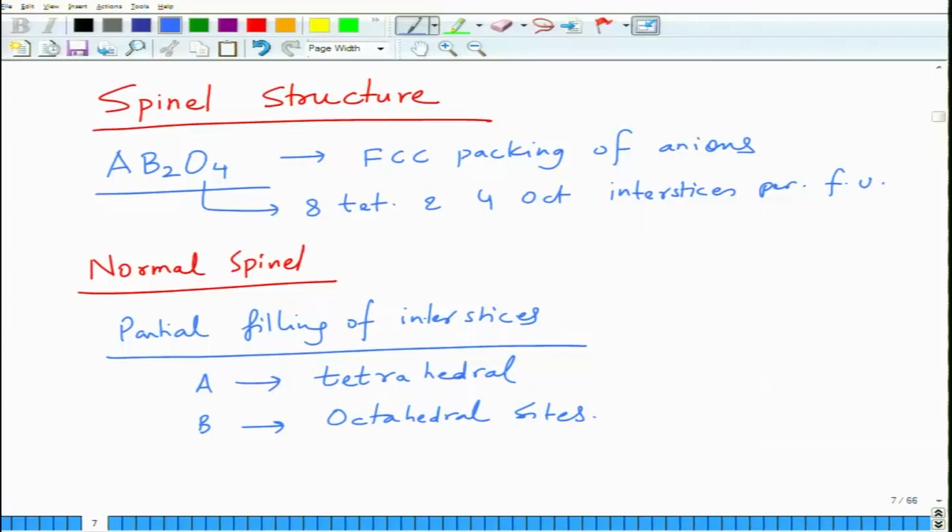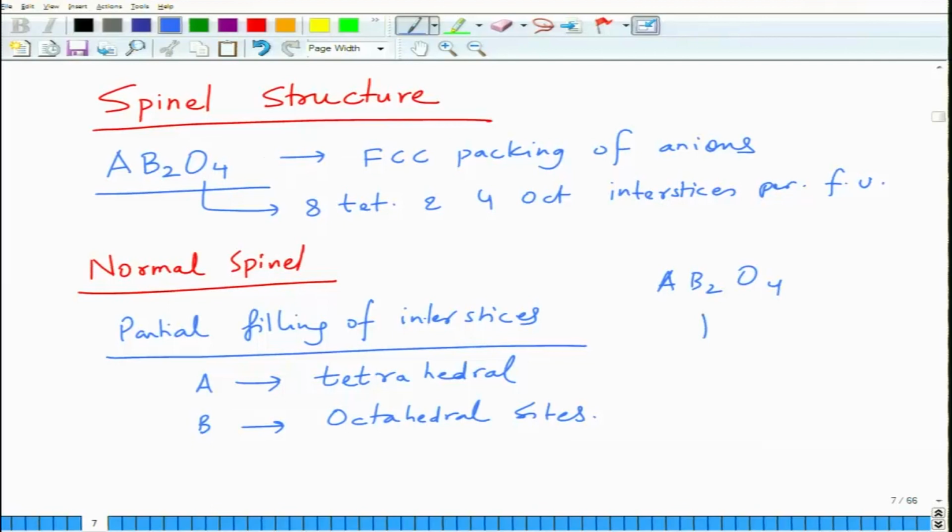Okay. So is this a convention sort of thing? Yeah, it's a convention. I mean, because A and B have different sizes. Because A and B are not same cations, they are different cations, they have different sizes, so they prefer to go to different sites. So as a result, you can write this oxide in a different manner.